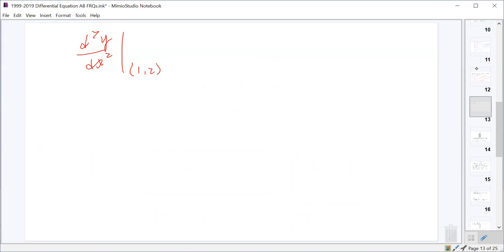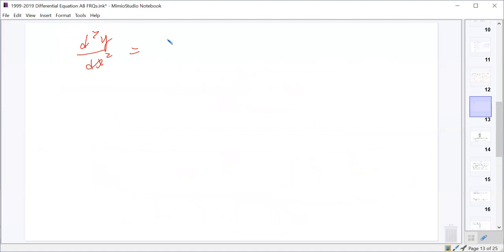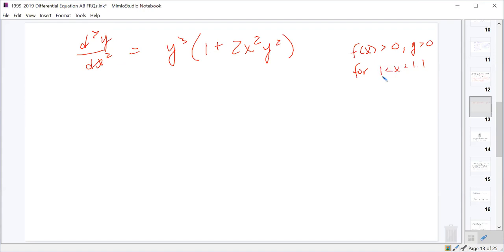Well, not even just at 1, 2, but we're going to just look at our second derivative, which was, I forgot what it was, y cubed and 1 plus 2x squared y squared. And so it tells us that our function f of x is greater than 0, which tells us that y is greater than 0, for x less than 1.1 and greater than 1.